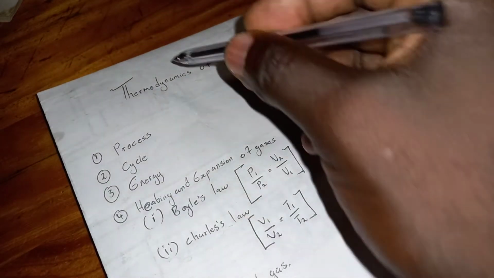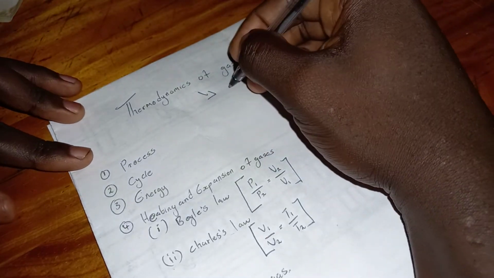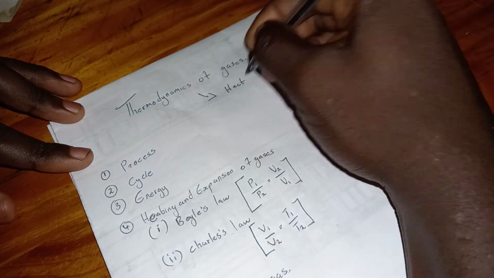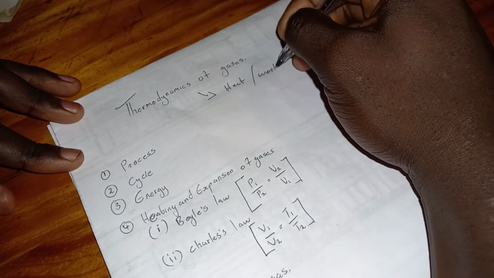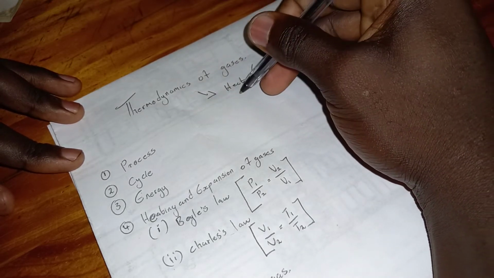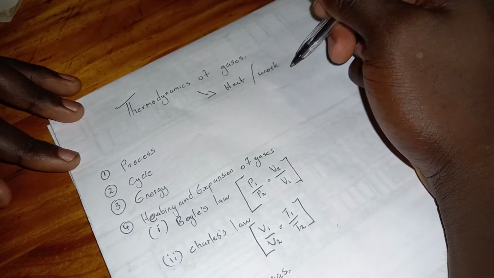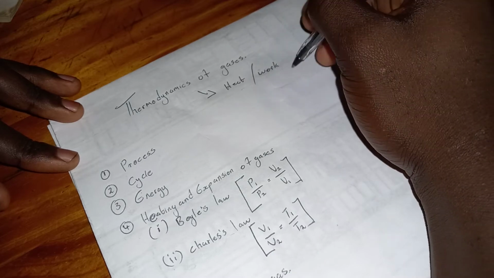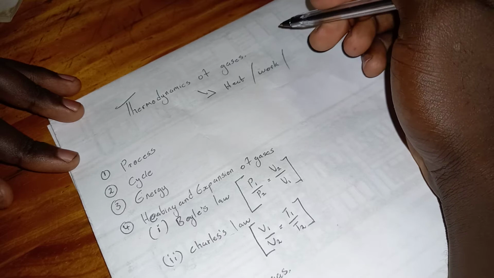If we're looking at thermodynamics, we'll be talking more about heat. We'll also be looking at work. On heat we're talking about heat energy, and on work we're talking about work done, and also the properties of that system, right?